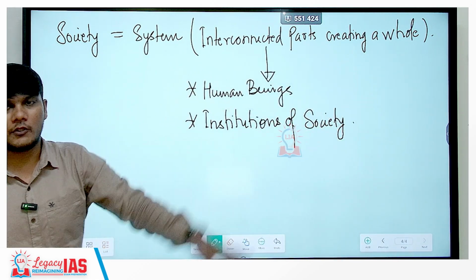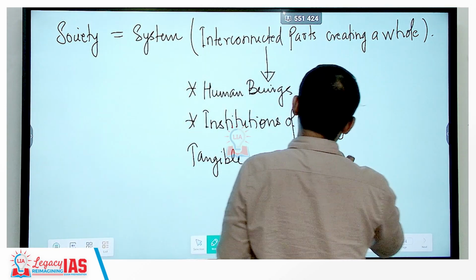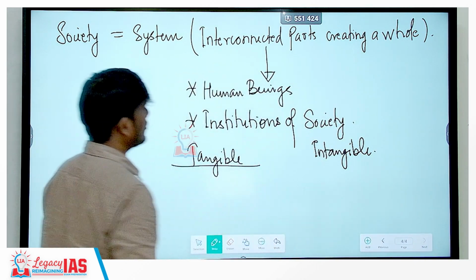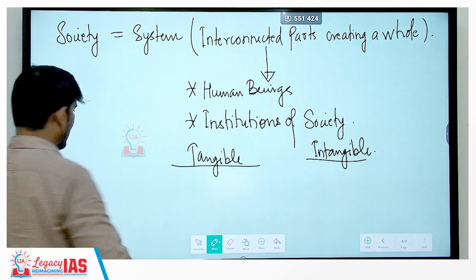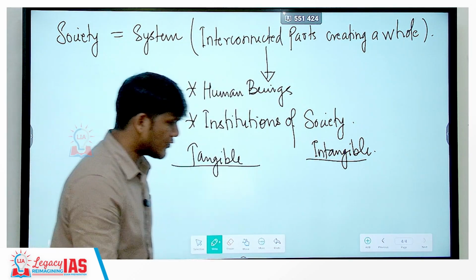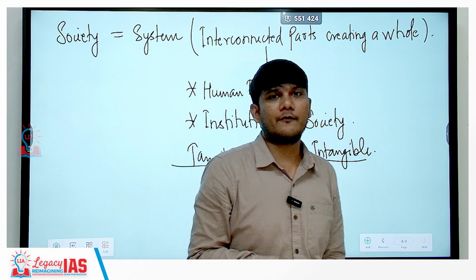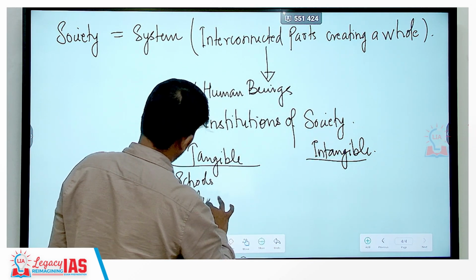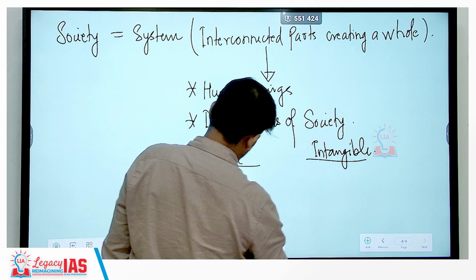Now these institutions can be tangible institutions and intangible institutions. If I talk about tangible institutions, tangible as in something which can be touched, which can be felt, which can be seen because it's physically present, right? So the school, the colleges, the hospitals, they are a part. Even the prison is also a part of society. So here you have schools, colleges, hospitals, prisons also.